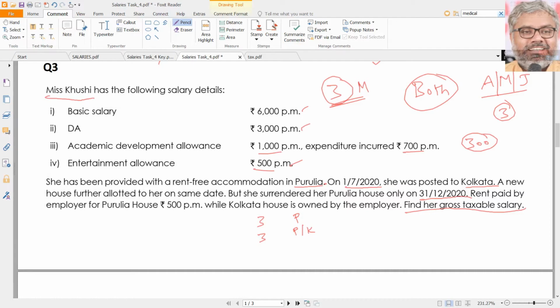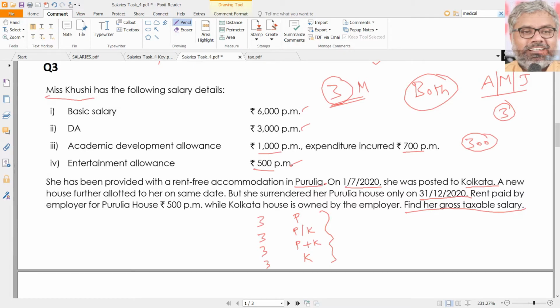Then October, November, December, another 3 months, both houses will be taxable because she has not surrendered the Purulia house till December. Then the last 3 months, January, February, March, only the Kolkata house will be taxable. That's it. This is the main point here to be noted.